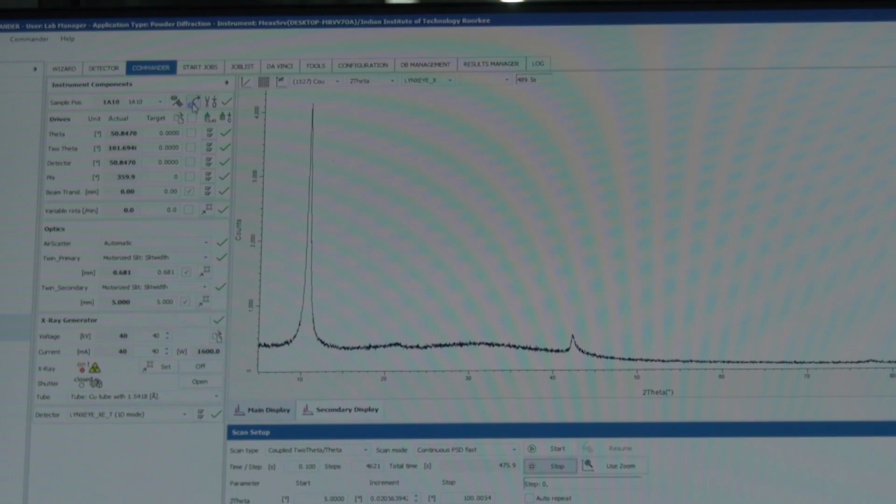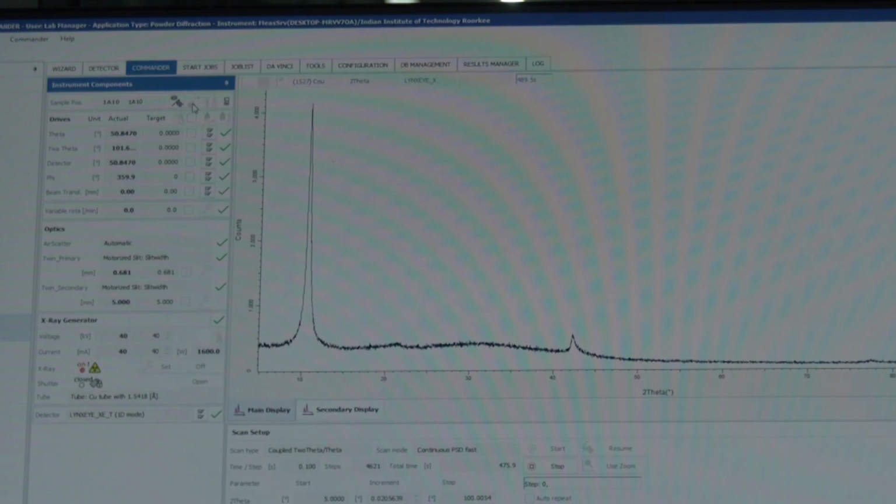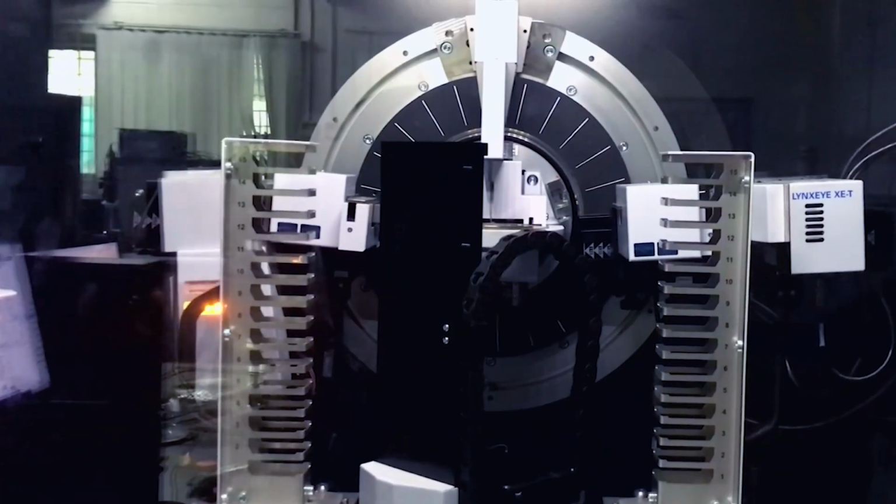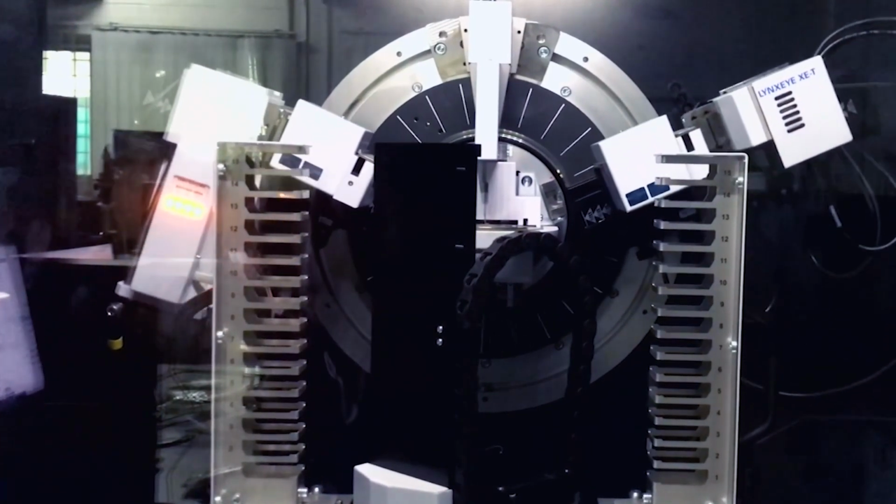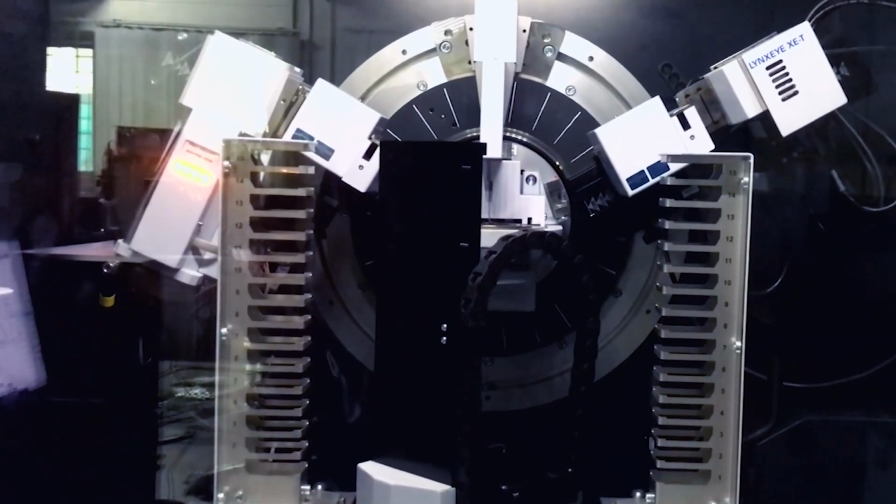After process completion, we will unload the sample by clicking the sample unload button. The robotic hand automatically takes the sample and places it in the initial place.